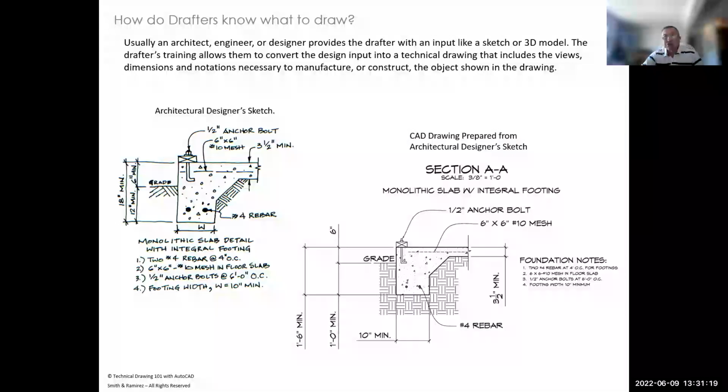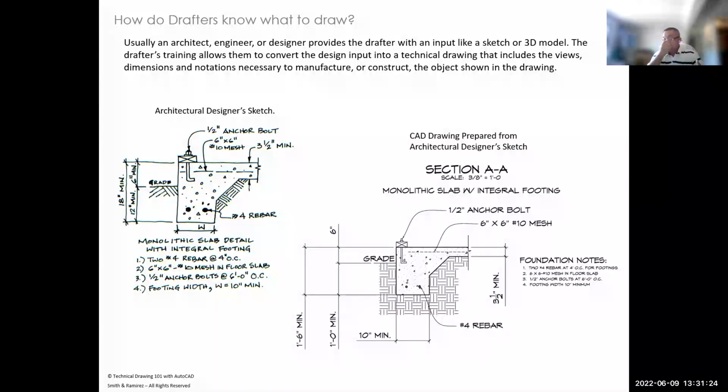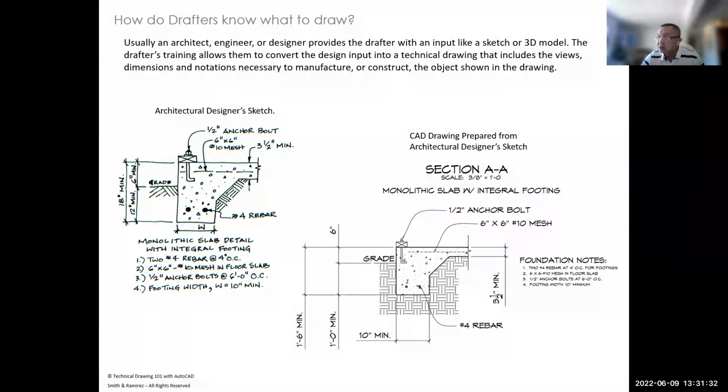Even in this class, you can use it. Before you start making the drawing in AutoCAD, you could manually sketch and lay out the views. That's actually a very helpful process. It helps you figure out the details on all the views. You think about it, we do 3 views.